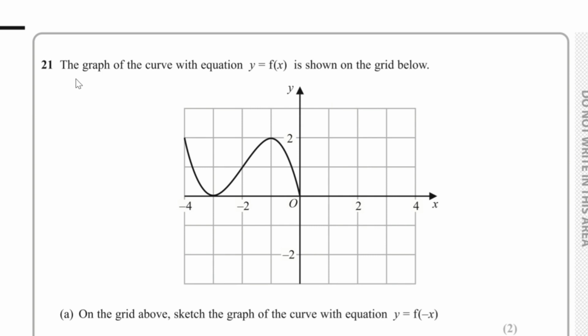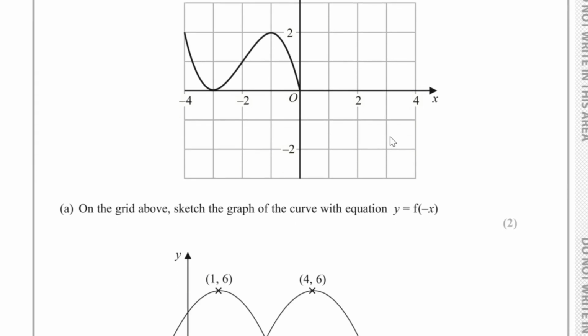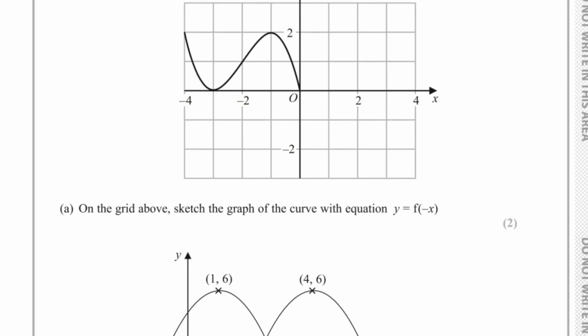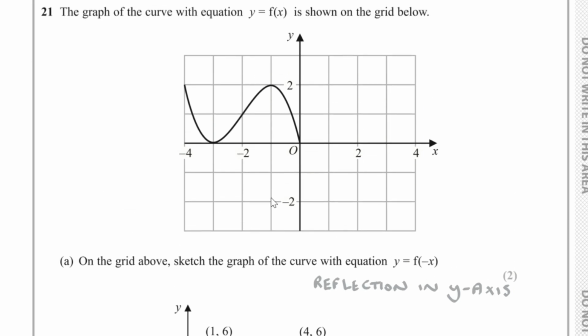Question number 24. The graph of the curve y equals f of x is drawn on the grid. And for part A, we have to sketch the graph of y equals f of minus x. Well, what transformation do we have here? Well, we have a reflection in the y-axis. So we take our graph here and then we reflect it in the y-axis.